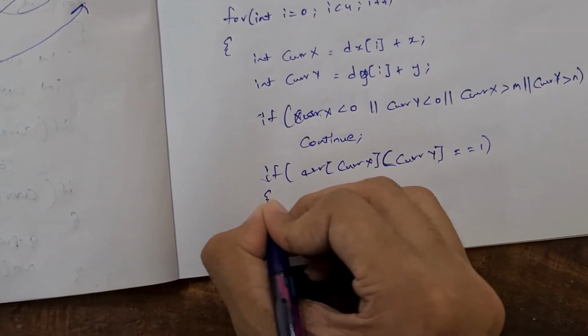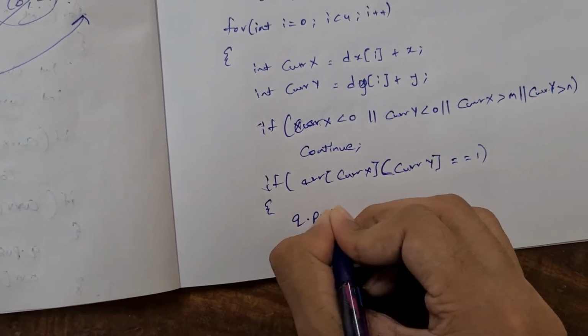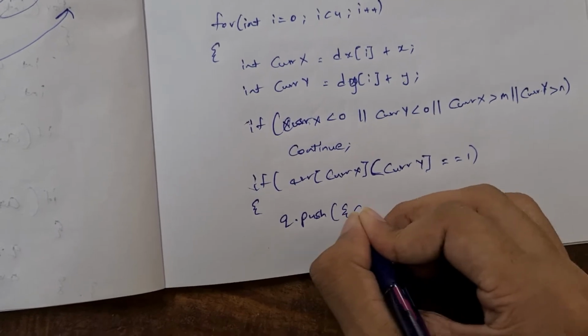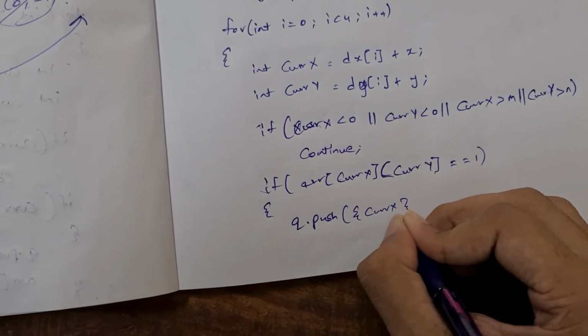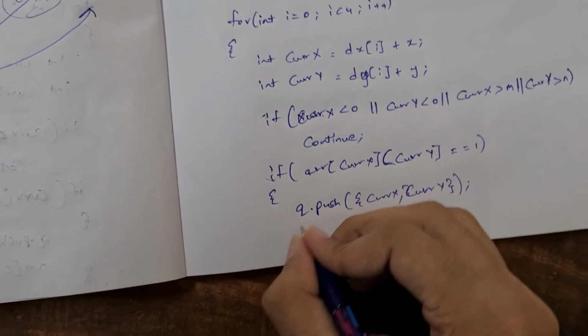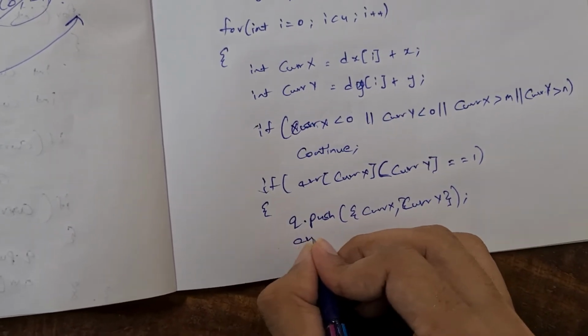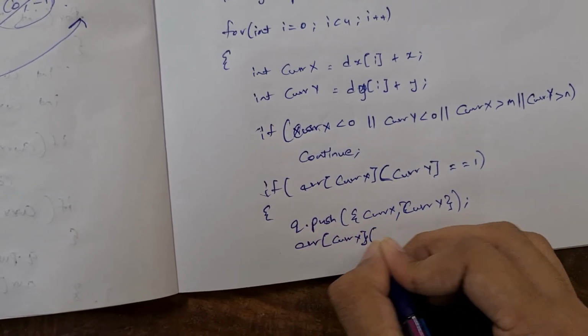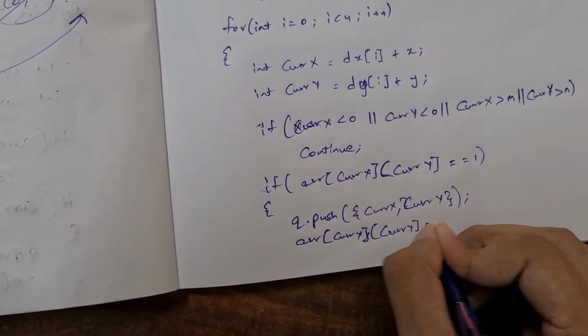If it is fresh, what we have to do is queue.push, we will make the pair and add this pair to the queue, and make the apple rotten: array of current x, current y equal to 2.